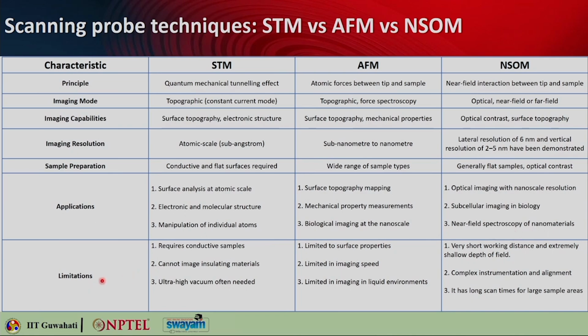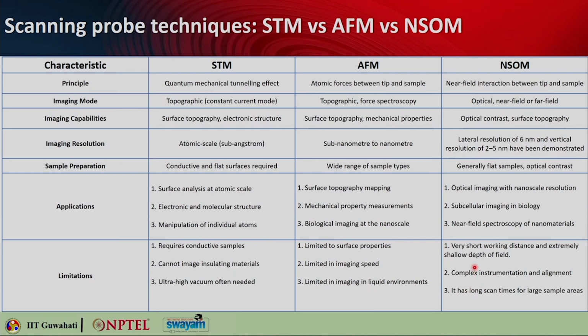Now, what are the limitations in each of these cases? For STM, the drawback is that it requires only conductive samples, it cannot image insulating materials, and ultra high vacuum is needed. If you look into AFM, it is also limited to surface properties and limited in terms of imaging speed, and you cannot do imaging in a liquid environment.